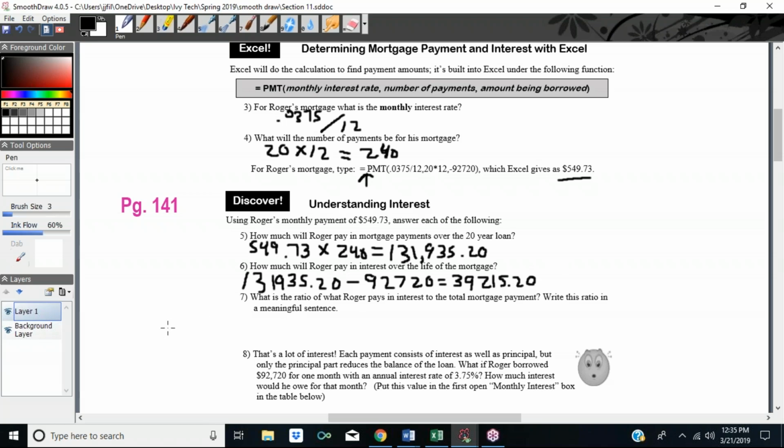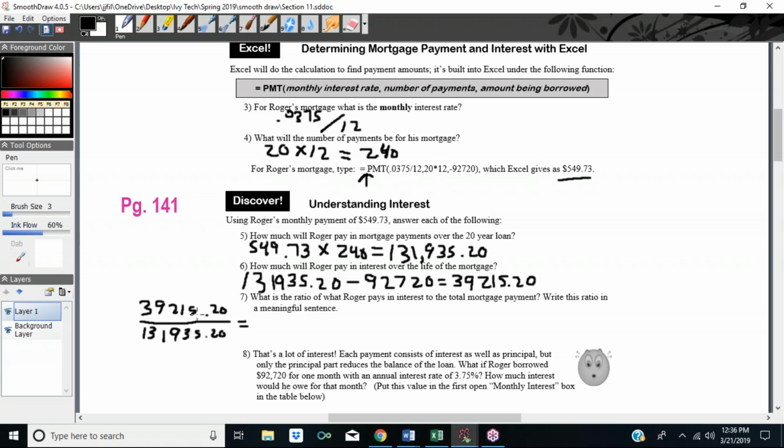Now we can write this ratio in a meaningful sentence because it's a part to whole. So I'm going to do the work over here on the side. 39,215.20 is the interest. So it's the ratio of the interest to the total payments, 131,935.20.